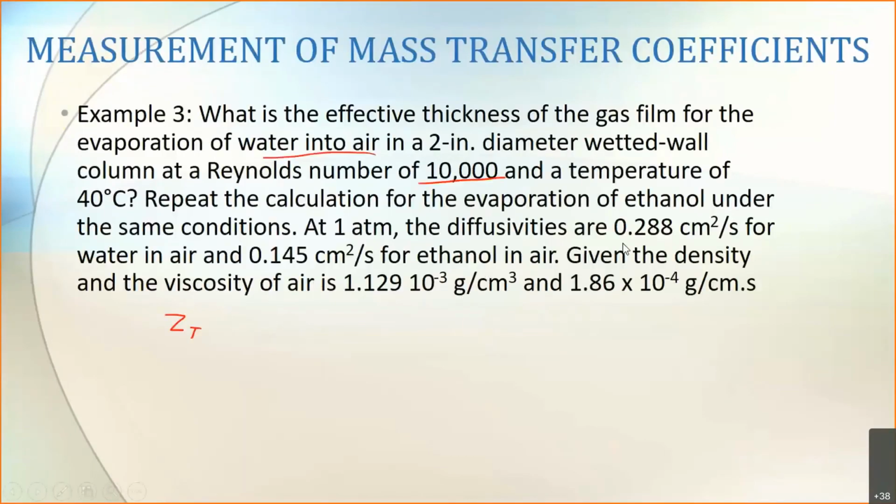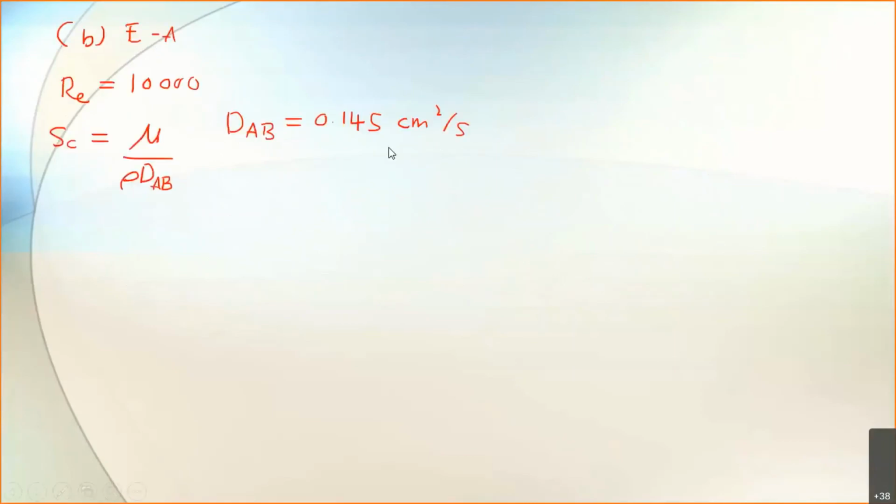The diffusivities are 0.288 for water and air, 0.145 for ethanol in air. Once you have a different value, you get a different Schmidt number. A different Schmidt number gives a different Sherwood number, and definitely a different ZT. When we substitute into the equation, you should get a Schmidt number of around 1.14.